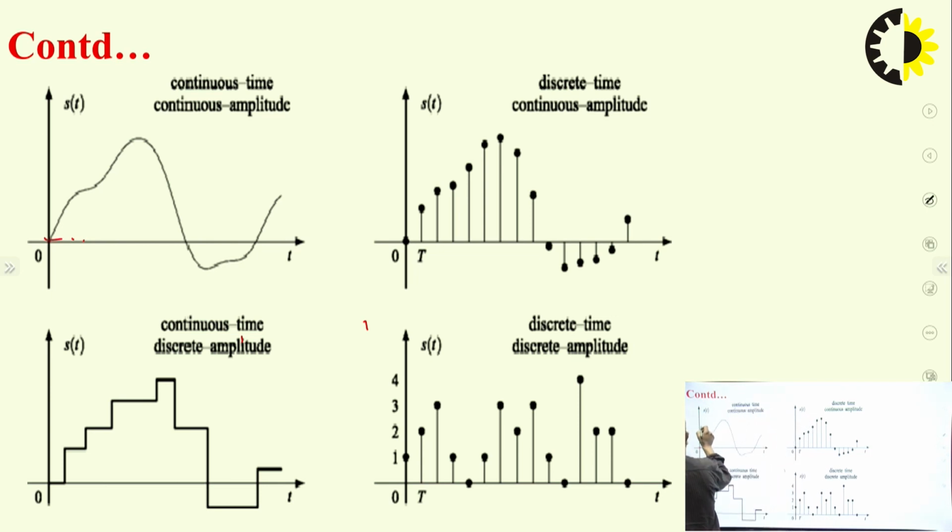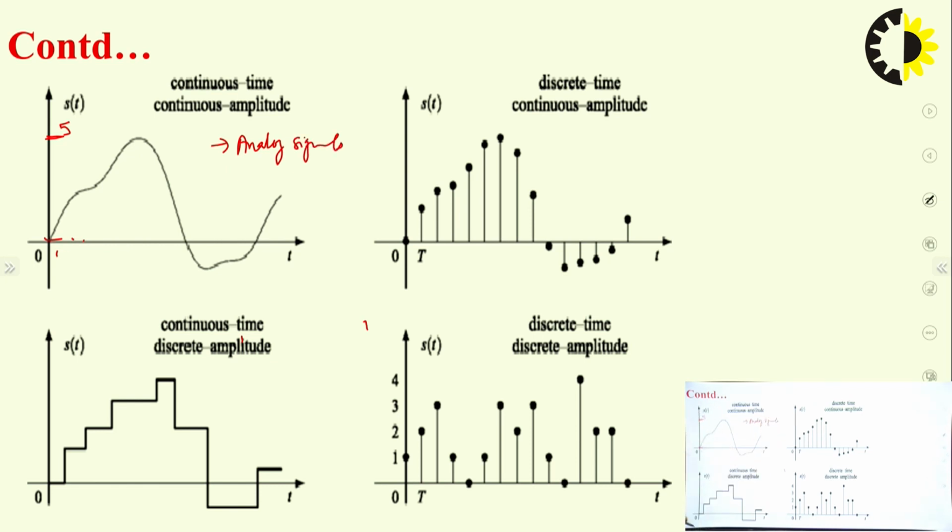If you see from here to here, let us say this value is 0 and this is 5. Between 0 and 5 you have an infinite number of values that can be represented by the magnitude, so we can say the amplitude is also continuous here. Okay, these continuous time, continuous amplitude signals are also called analog signals.